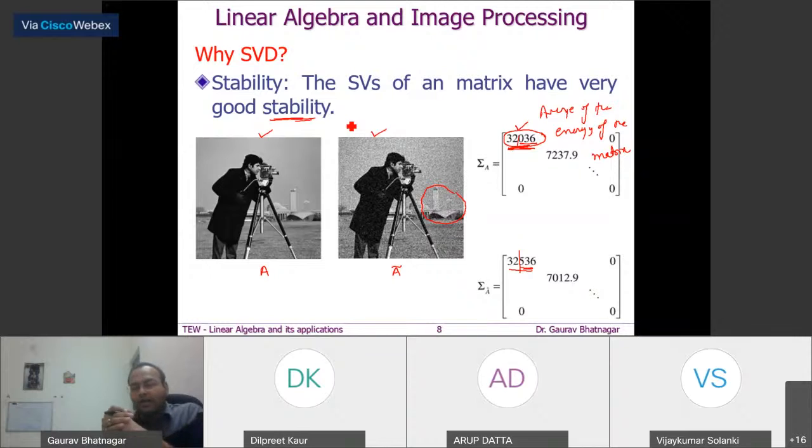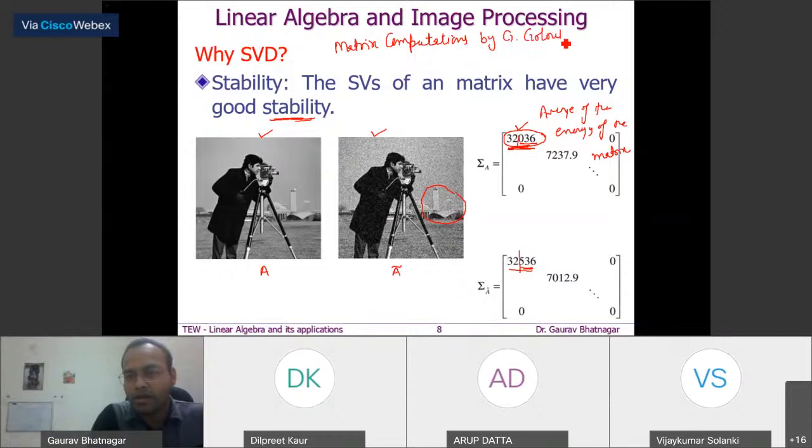But you can get the book Matrix Computations by Golub and Van Loan. This is a very famous and a very beautiful book in matrix theory.